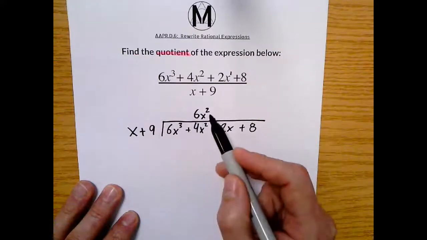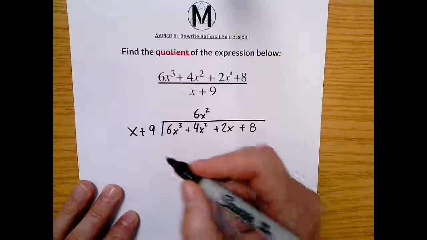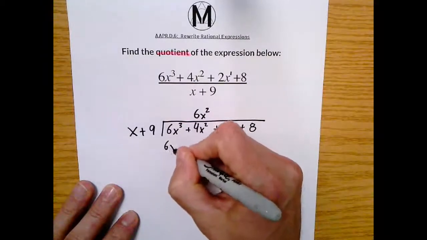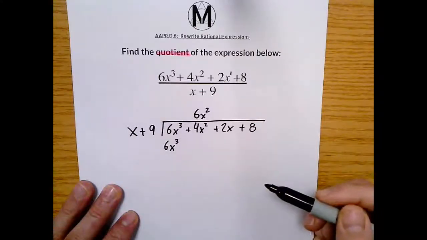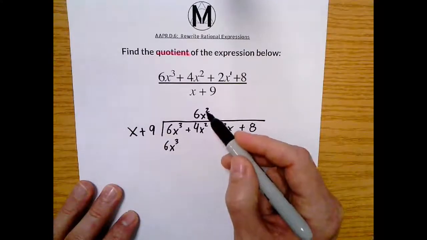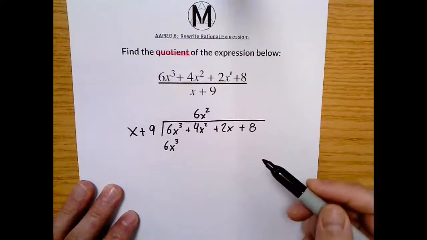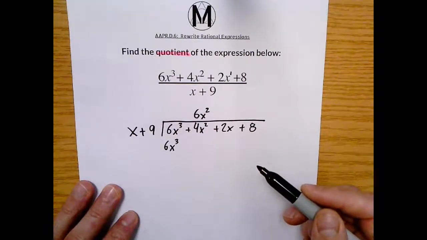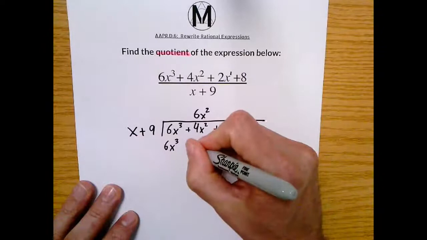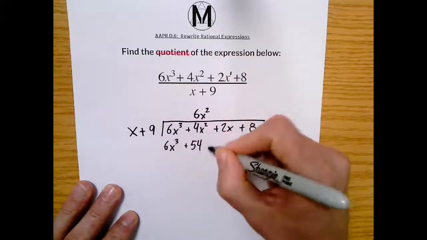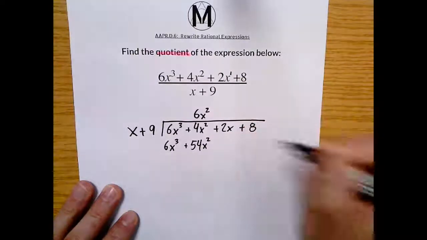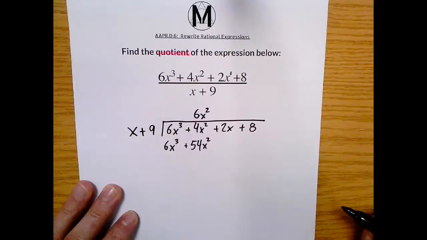So 6x squared times x is 6x to the third. And again, I'm just being very careful to always line up my degrees. Okay? And then I do 6x squared times 9. Well, 9 times 6 is 54. And so we just write plus 54, and then we have x squared. Okay, that is step two.